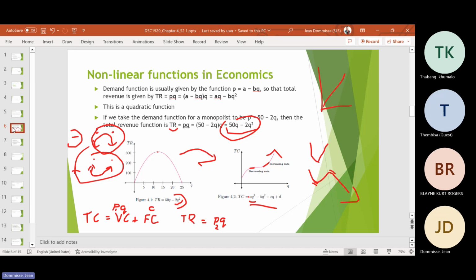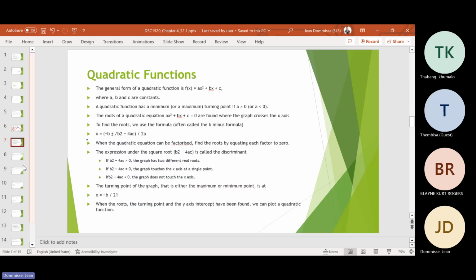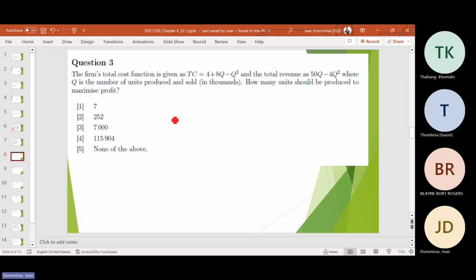Okay, so let's see if there is an example. So here was an example, and I think we can end off the session today with this one. It says the firm's total cost function is given as total cost is 4 plus 8q minus q to the power of 2, and the total revenue function is given, where X is the number of units produced and sold in thousands.